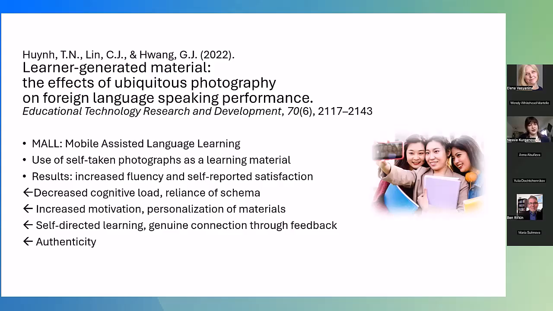One interesting example is encouraging students to actually make their own images and use that as authentic material to create language.